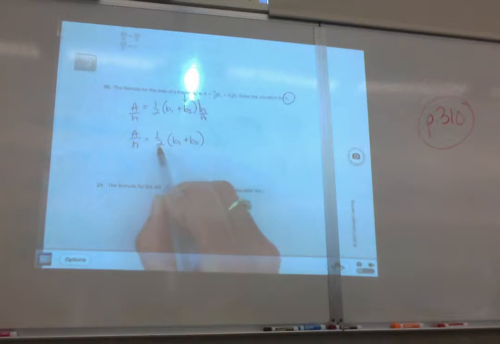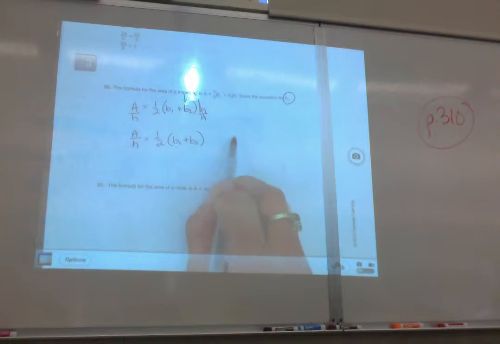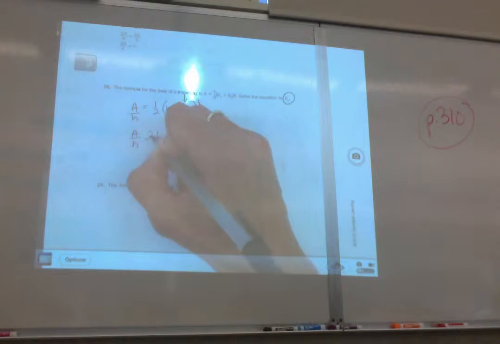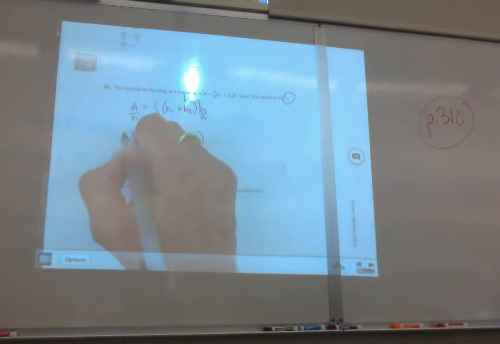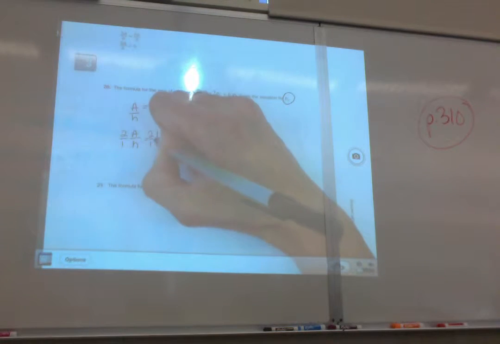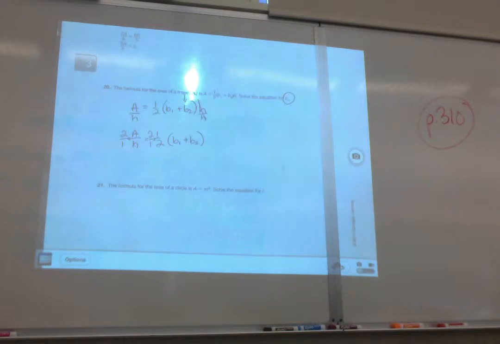Now I got this 1/2 in front. In order to get rid of a fraction that's multiplied times something, you flip it and times. So that's 2 over 1, and I must do it on the other side of the equation as well. Flip and times fractions in front of something that you want by itself.